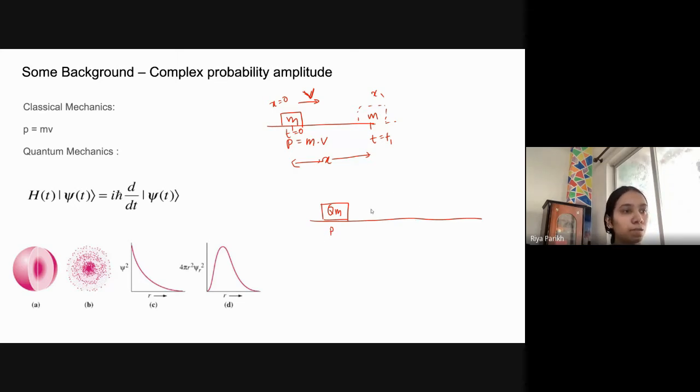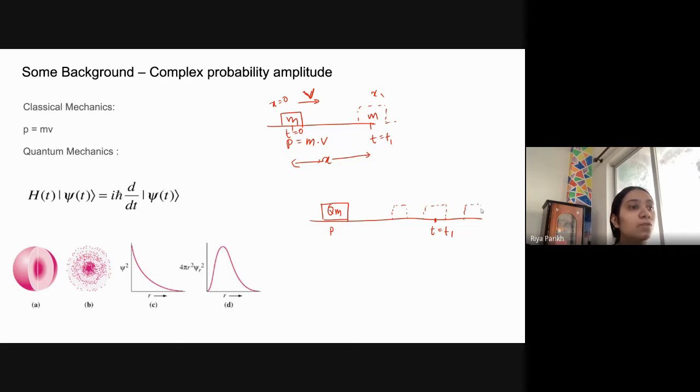And we need to identify what will be the position of that quantum mass at time t1. And when we find the answer, it's very different from what we know about classical mechanics. The answer is in probability.